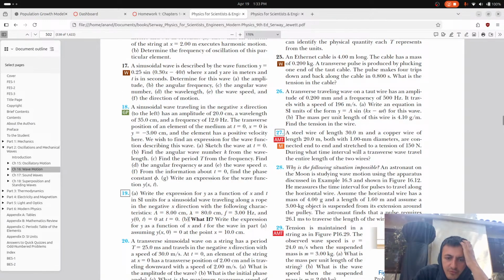Write the expression for y as a function of x and t in SI units for a sinusoidal wave traveling along a rope in the negative x direction with the following characteristics. Okay. A: lambda is equal to 0.8 meters.